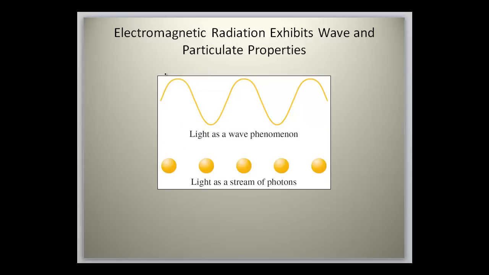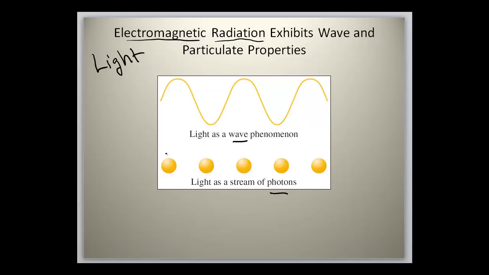So now what we want to do is start looking at the atom in terms of electromagnetic radiation. And when we say electromagnetic radiation, we basically mean light. So what we're finding is that light behaves as a wave, but it also behaves as a photon.